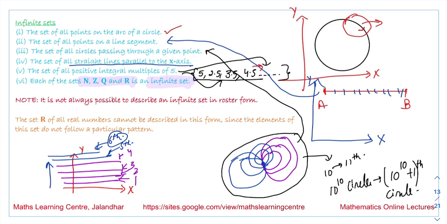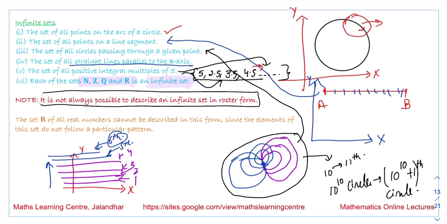It is mentioned over here that it is not always possible to describe an infinite set in the roster form. As an example, if we are talking about the set of real numbers, it is not possible to describe these numbers in the roster form, because we cannot find any pattern in these numbers to describe them. This will be clearer with this example. We are saying the set of all positive integral multiples of 5. Its first element is 5, then 2 into 5, that is equal to 10.